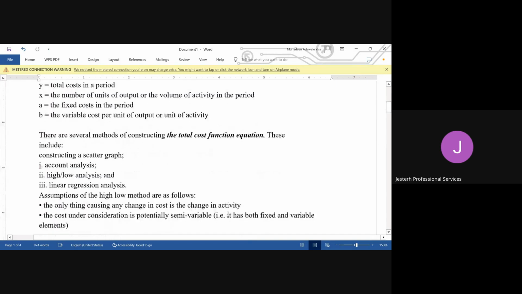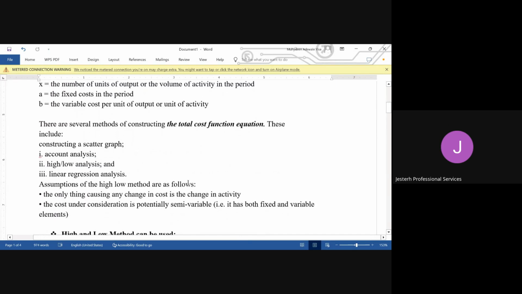And then we also said that we have a different cost function equation to determine our cost functions, to split our costs. Today we are able to know how to use high and low cost function analysis.